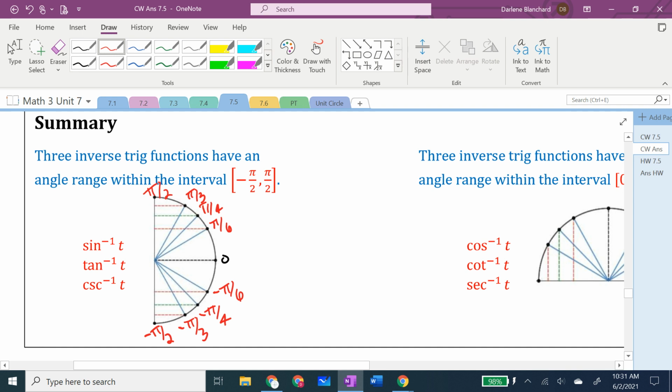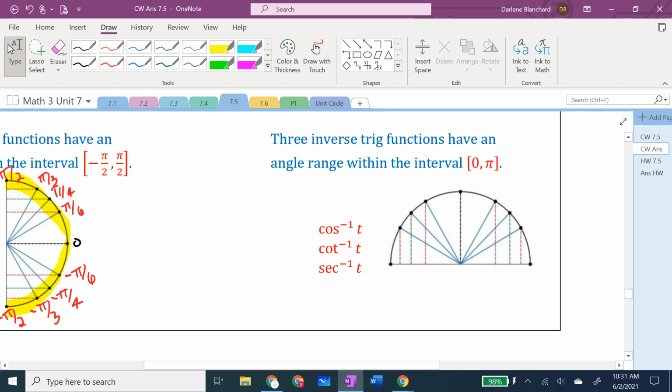Know that if you use the inverse buttons on a calculator, you can, for these three functions, only get answers within these angle ranges. It will only give you one answer.